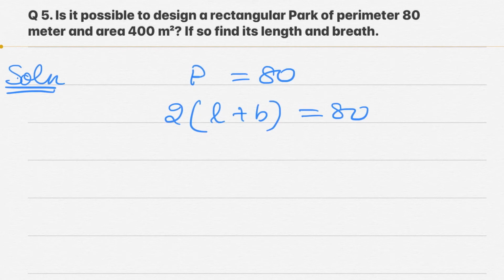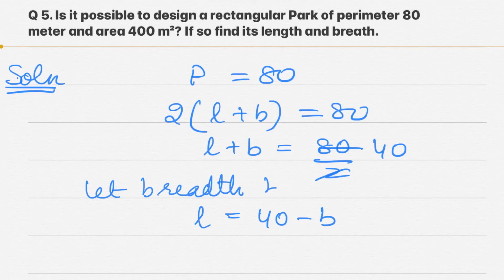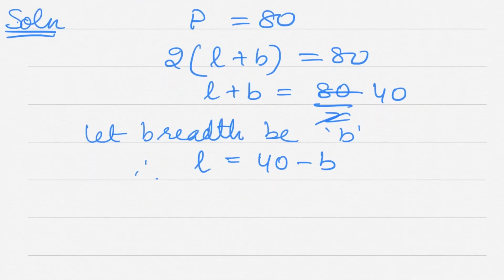I can find out length in terms of breadth or breadth in terms of length, anything. So 80 by 2 is equal to 40, and my length will be equal to 40 minus b. So let the breadth be b, and therefore length is equal to 40 minus b.